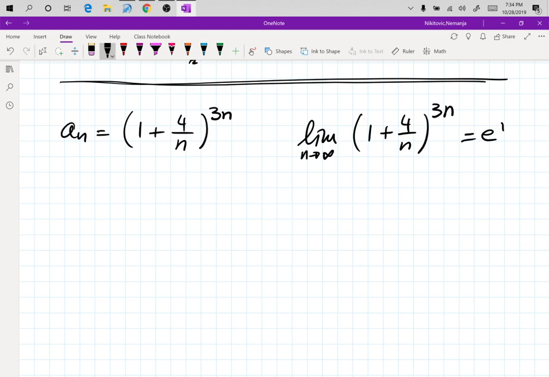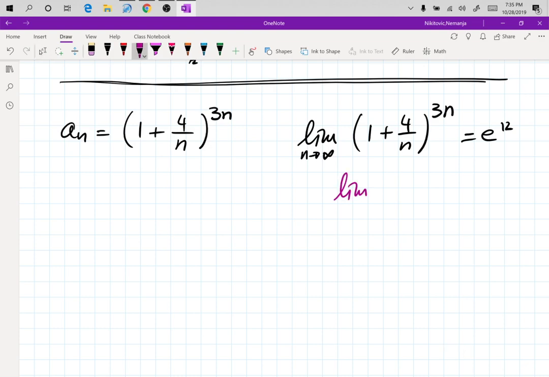This is e to the 12. The form is e, and you just have 4 times 3 is 12, which creates a nifty limit formula for you to remember so you are not doing what I'm about to do.